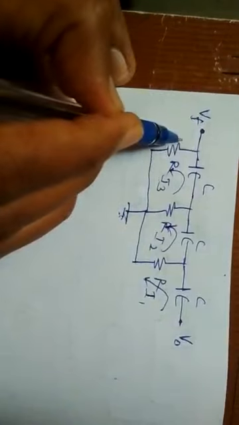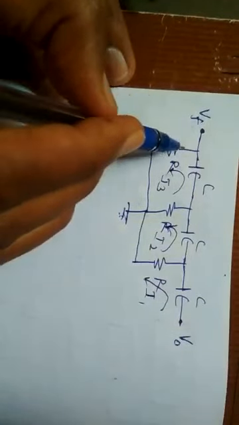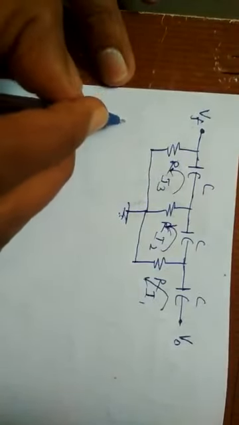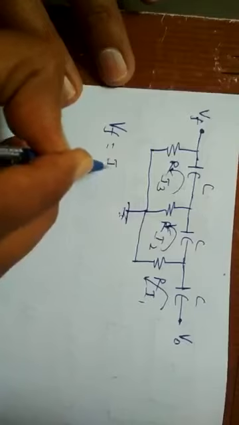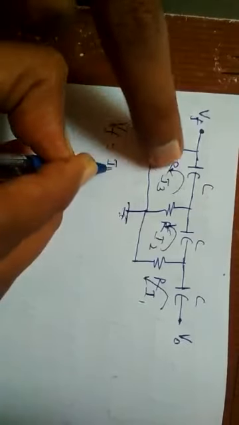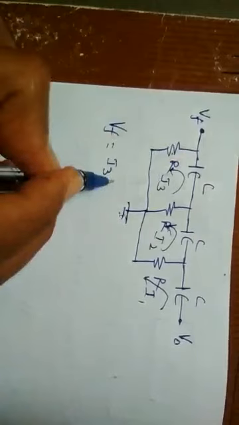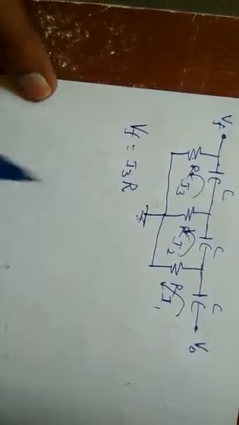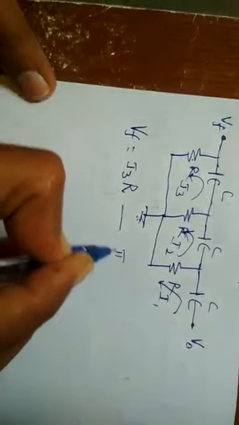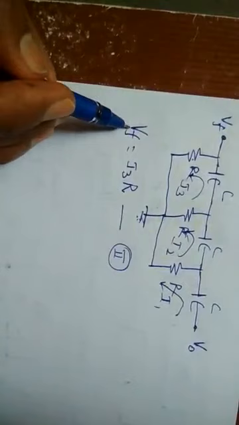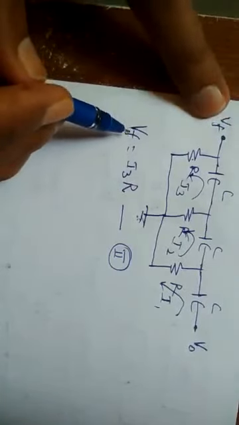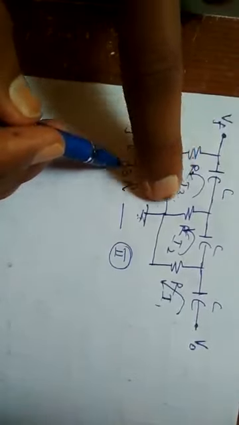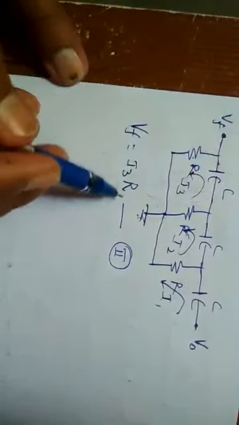The VF is taken across the drop from this final R, so we can directly take VF equal to the current in the third RC pair, I3, times R. So you name this as equation 2. VF is the drop across R, R, and the current flowing through the third part is I3. So VF equals I3 into R.